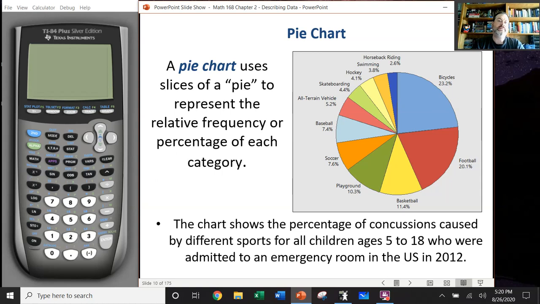But later on, you might see problems where there are multiple variables, where it might compare concussions between two different sports. You'd have to look at concussion or didn't get a concussion versus two different sports. For example, if you compare bicycles to football, on this chart, bicycles are responsible for more of the concussions this year.